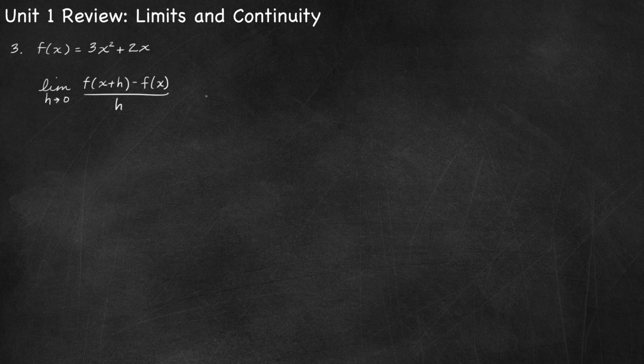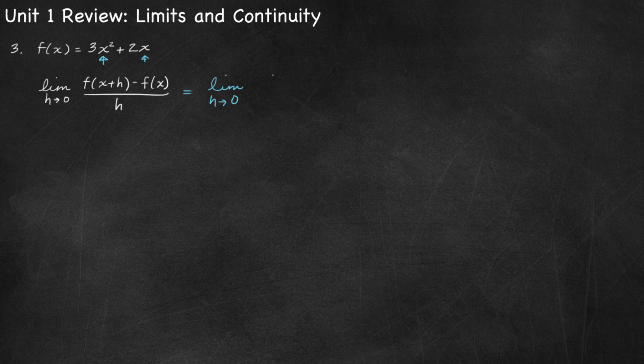Number 3, f of x equals 3x squared plus 2x, and we want to find the limit as h approaches 0 of f of x plus h minus f of x over h. So this is going to be the limit as h approaches 0. For f of x plus h, I'm going to go to function f and use x plus h as my input. So the x's here get replaced with x plus h's.